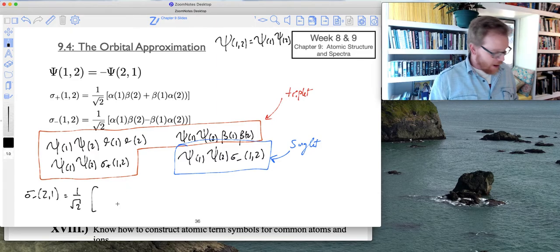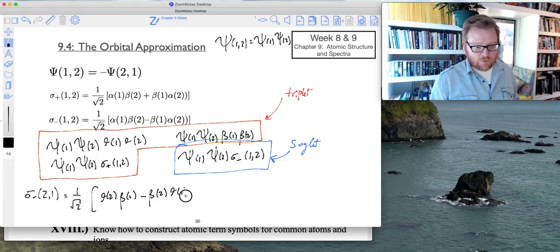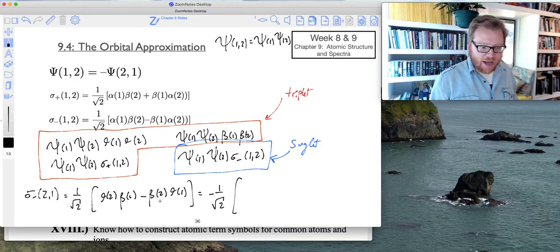So let's put all that together. That's going to be alpha 2, beta 1, and then minus beta 2, alpha 1. Okay? And if I do a little bit of algebra on this, I'm going to factor out the negative 1 over root 2. And then when I do that, this term will become positive and this term will become negative.